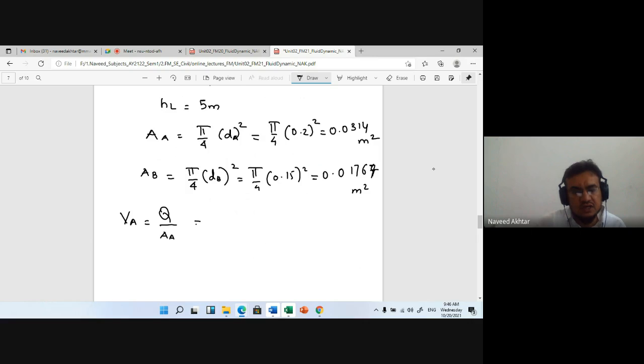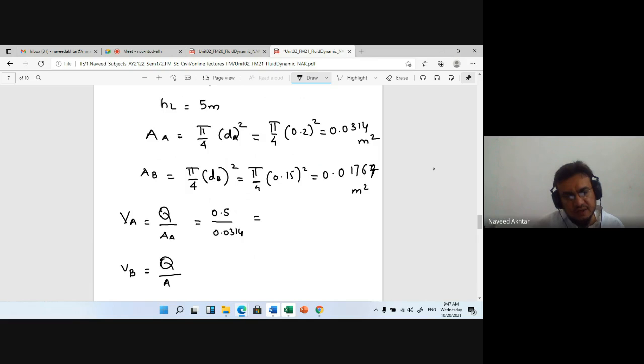So discharge is 0.5 meter cube per second divided by area 0.0314, as we have calculated, and you can find the velocity at A. Similarly, velocity at B you can find out with the discharge Q you know.